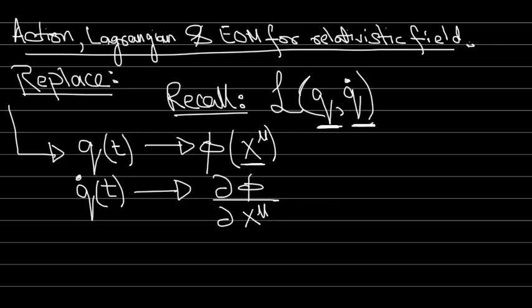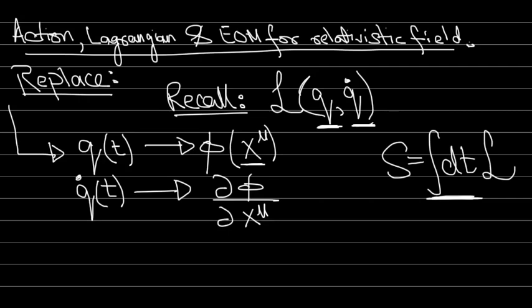And finally, recall that the action was the time integral of the Lagrangian, so we have to replace this, and we simply replace this time integral with a space-time integral, that is d^4x, right? Okay, and so with all of this replacing things here and there, we have the action for relativistic fields, that is this thing.